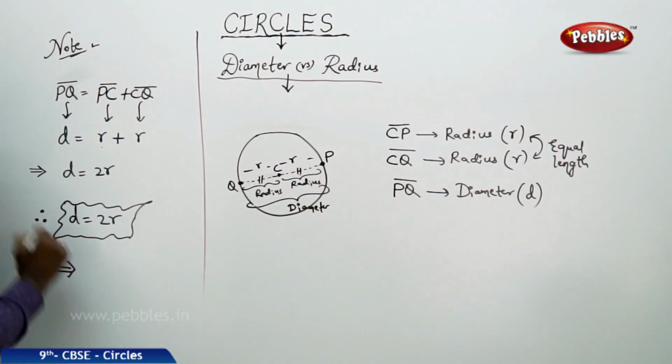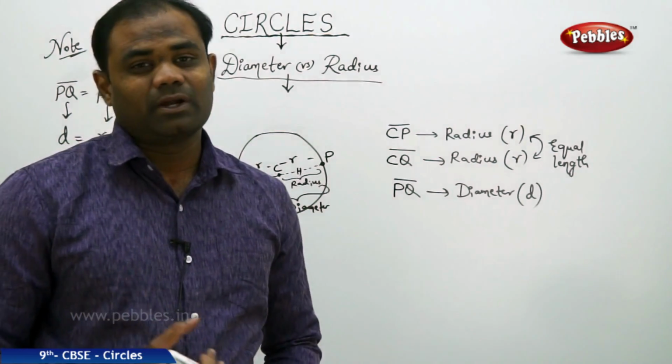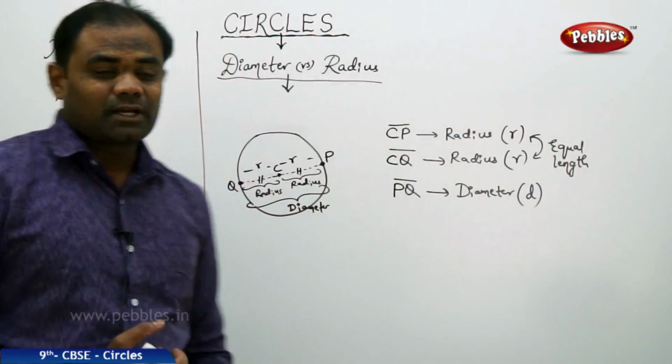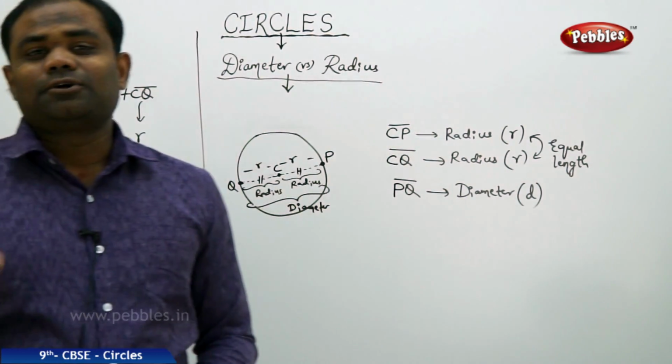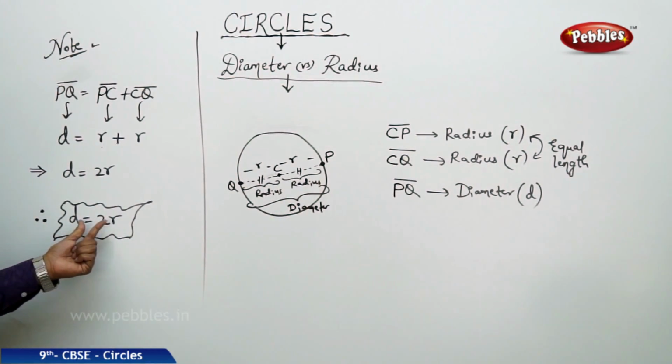How do you understand the statement d equals 2r? D being the diameter and r being the radius, d equals 2r implies the diameter of the circle is equal to twice the radius of the circle.